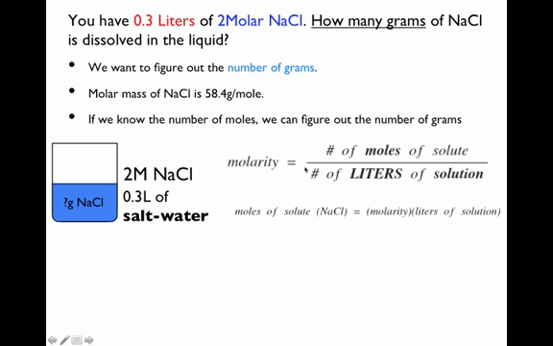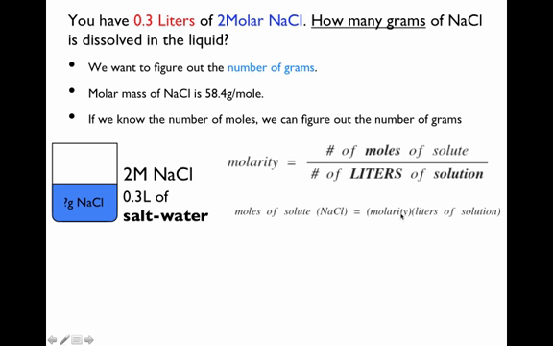So number of moles of solute, the numerator here, is now on the left, and molarity times the denominator is over here on the right. So moles of solute is equal to the molarity times the number of liters of solution, which used to be the denominator. So now we have how many moles of sodium chloride all by itself.